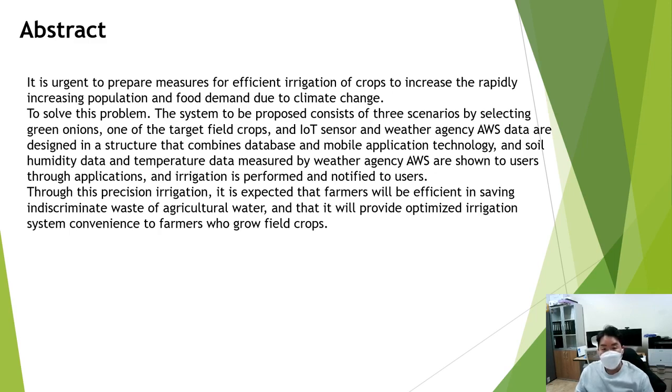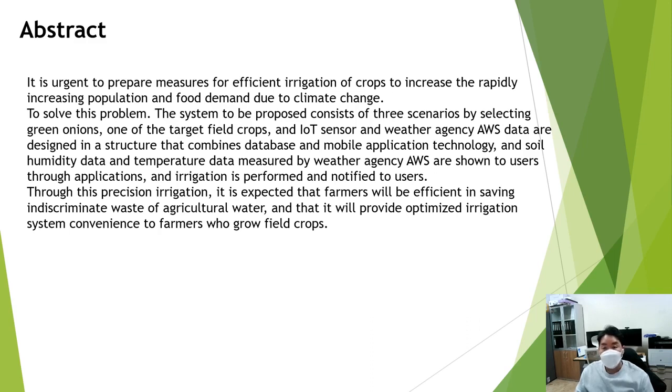To solve this problem, the proposed system consists of 3 scenarios by selecting green onions, one of the target field crops, and IoT sensor and weather agency AWS data are designed in a structure that combines database and mobile application technology.